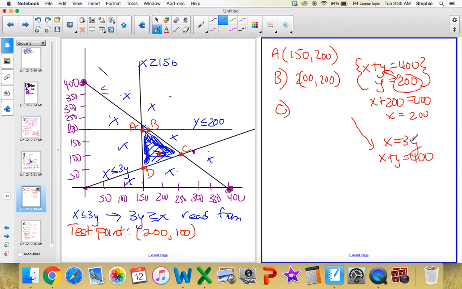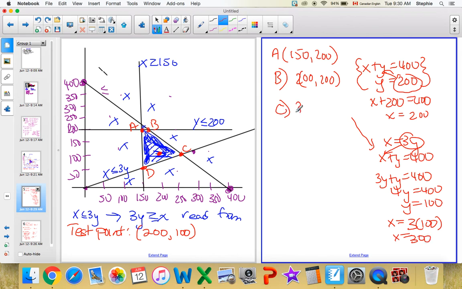So I'm going to just plug in 3y into the position of x, and I'm going to go 3y plus y equals 400. That's 4y equals 400, y equals 100. So x is equal to 3 times 100, and x would be equal to 300. So my coordinates for C are 300, comma 100.